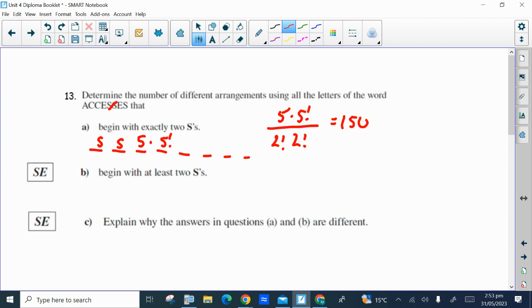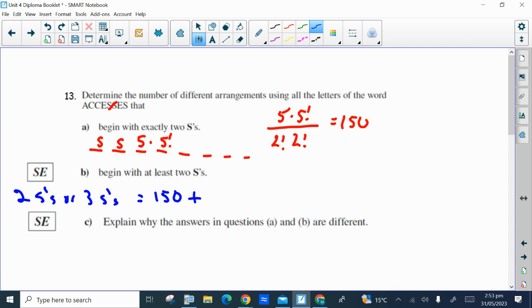Part B says, how many different arrangements begin with at least 2 S's, which means 2 S's or 3 S's. Remember, the word or means to add. Also, we already know that there are 150 arrangements that begin with 2 S's. So now we just have to calculate how many different arrangements begin with all 3 S's.